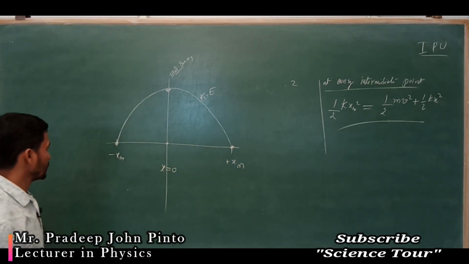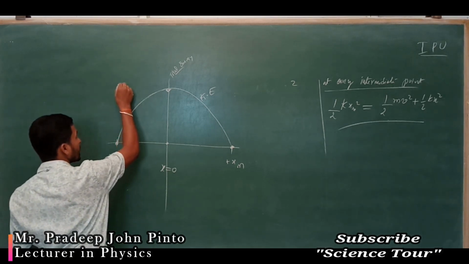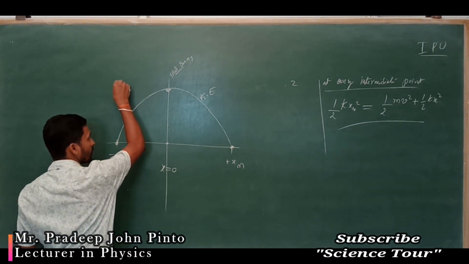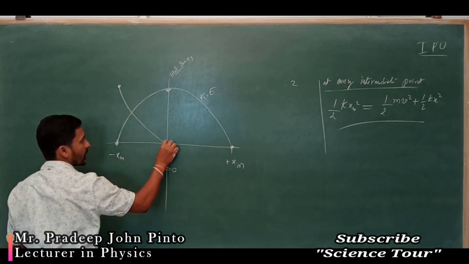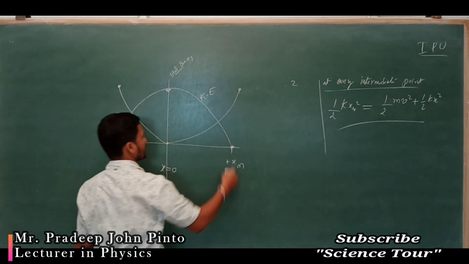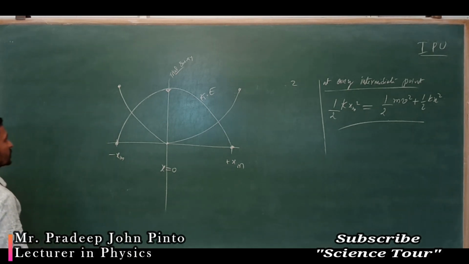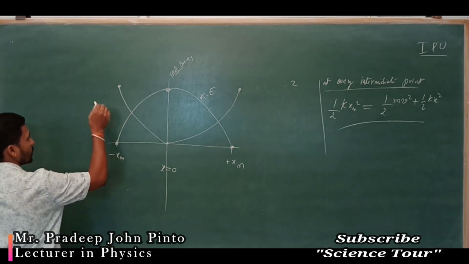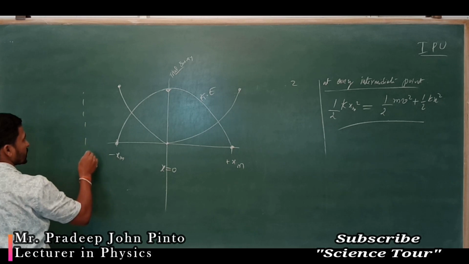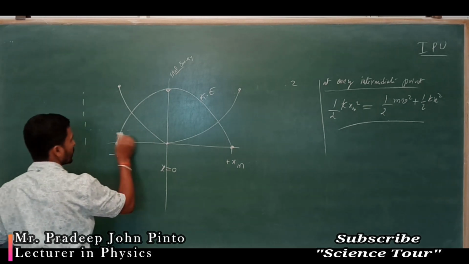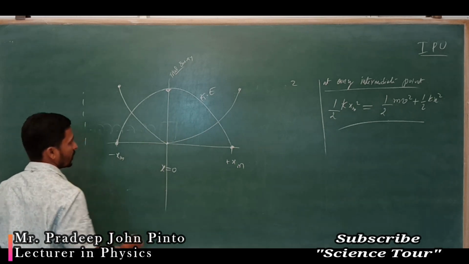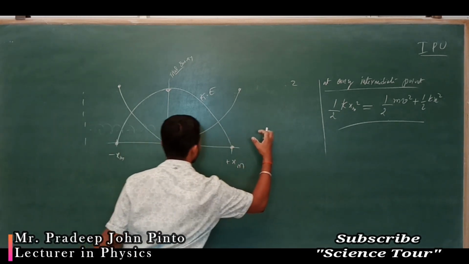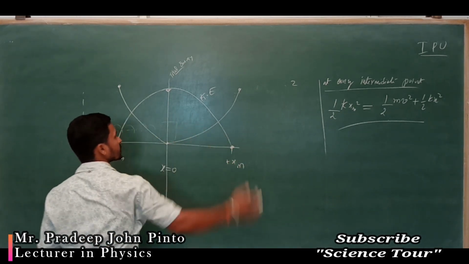At the extreme position, potential energy is maximum, kinetic energy is minimum, and potential energy is maximum at this plus extreme. So I can draw the graph, no? Like this, I have extended it and completed it.